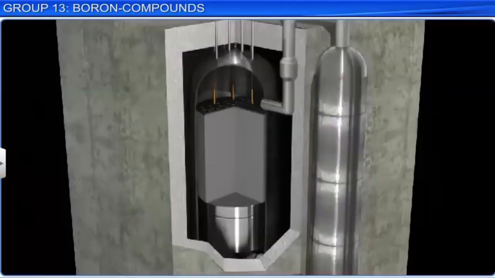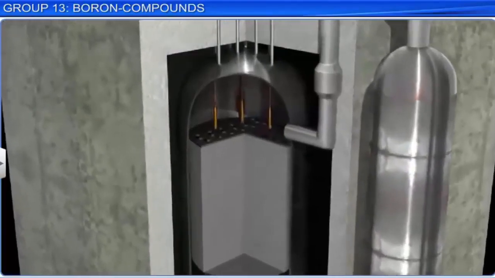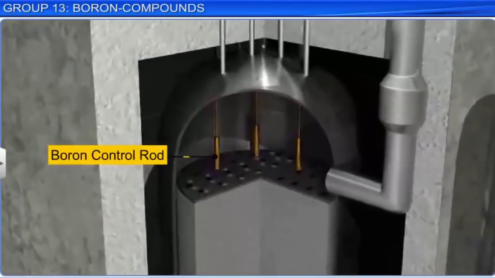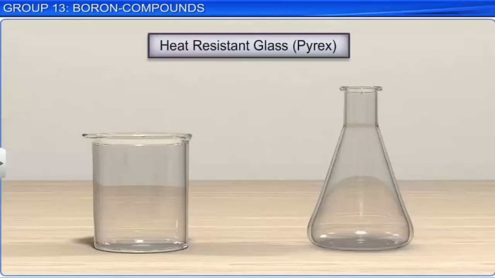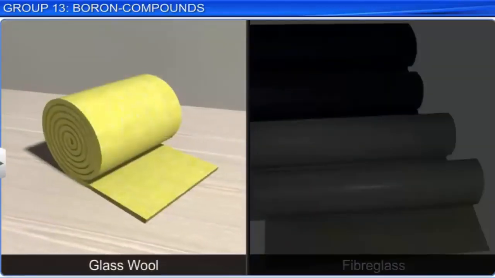Therefore, metal borides are used as control rods and protective shields in nuclear power plants. Borax and boric acid are used in the manufacture of heat-resistant glass, such as Pyrex. They are also used to make glass wool and fiberglass.